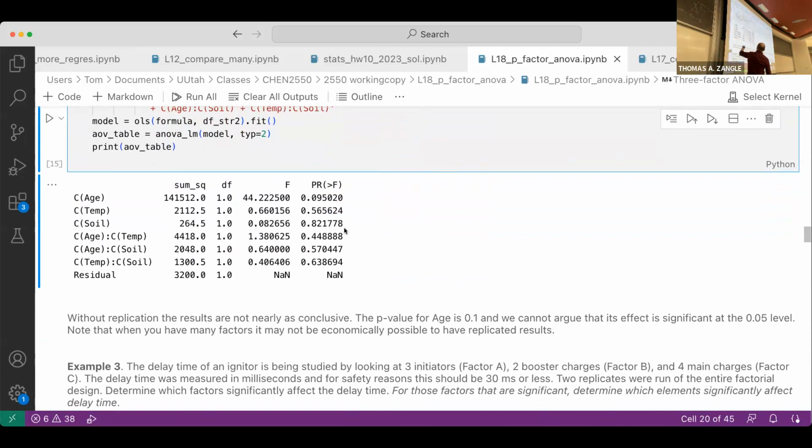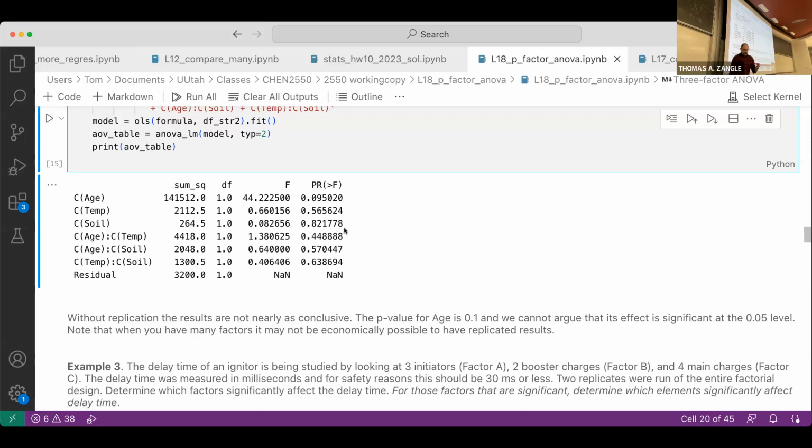In this case, none of our effects reach a significance level of even 0.05. The p-value for age is 0.1. 0.05 means like 1 error in 20, 0.1 means 1 in 10, and this is typically not considered significant enough.